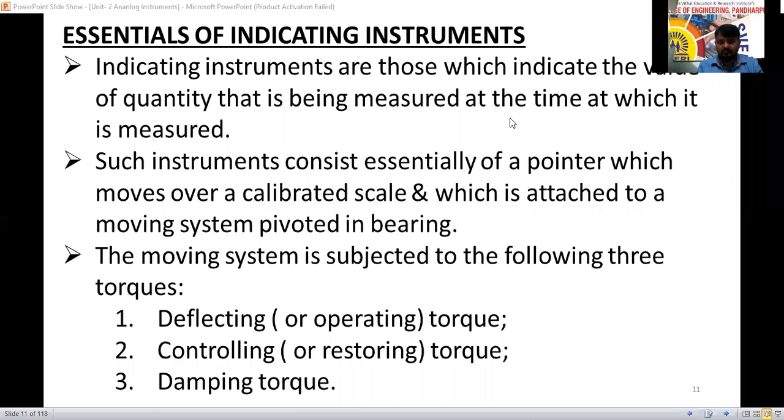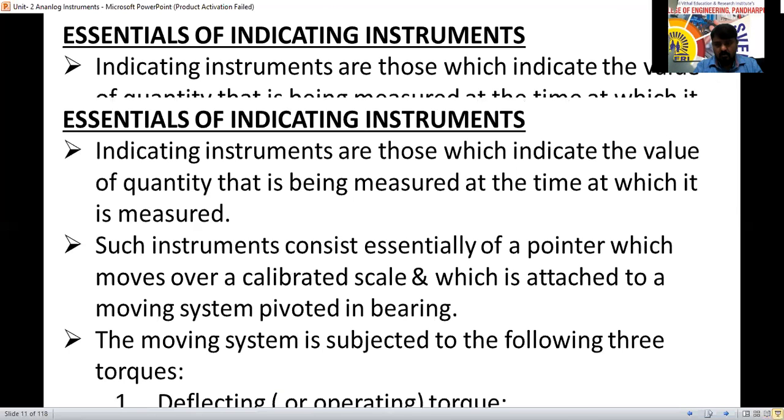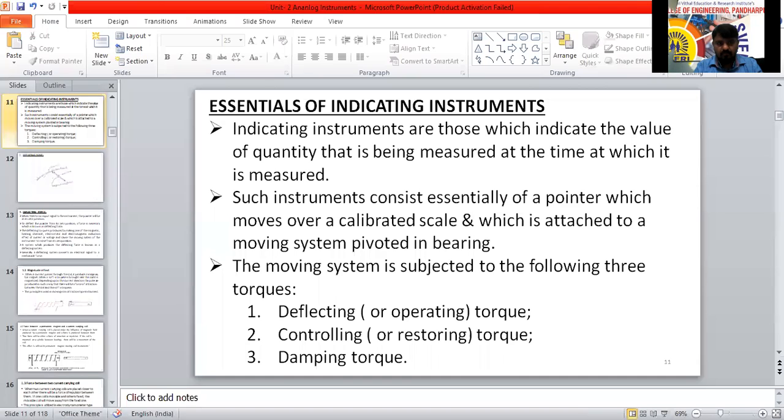Yes, sir. No, which one slide? Essential of indicating instruments. Okay. Now? Now which one is visible? Same, sir. Essential of indicating. Deflecting change has not happened, right?